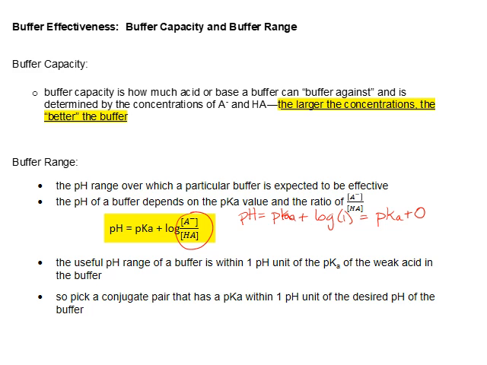If there is 10 times as much A- as HA, the pH will be 1 unit greater than the pKa because the log of 10 is 1, and the pH will be equal to the pKa plus 1.